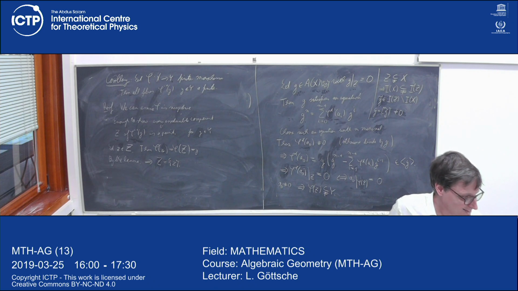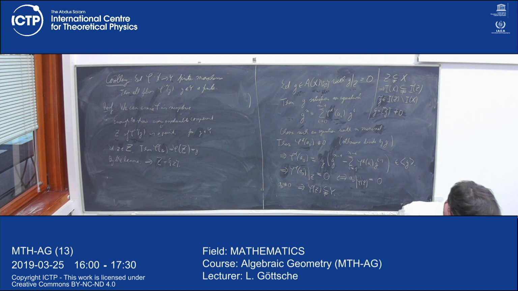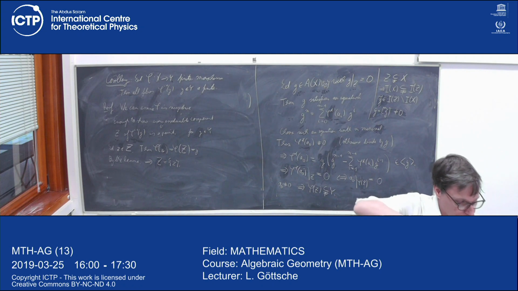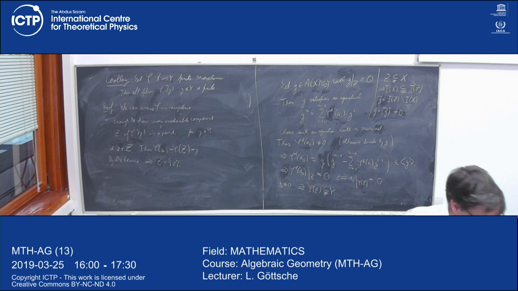I choose the most geometric one, which is sometimes called Krull dimension, in terms of how many closed subvarieties you can stack into each other, one smaller than the other. And then we want to show that this dimension satisfies the properties we expect.